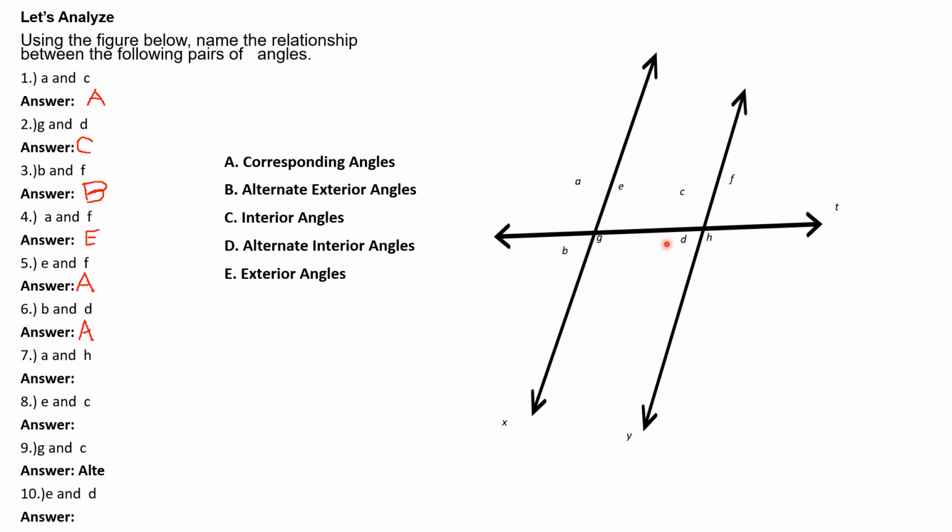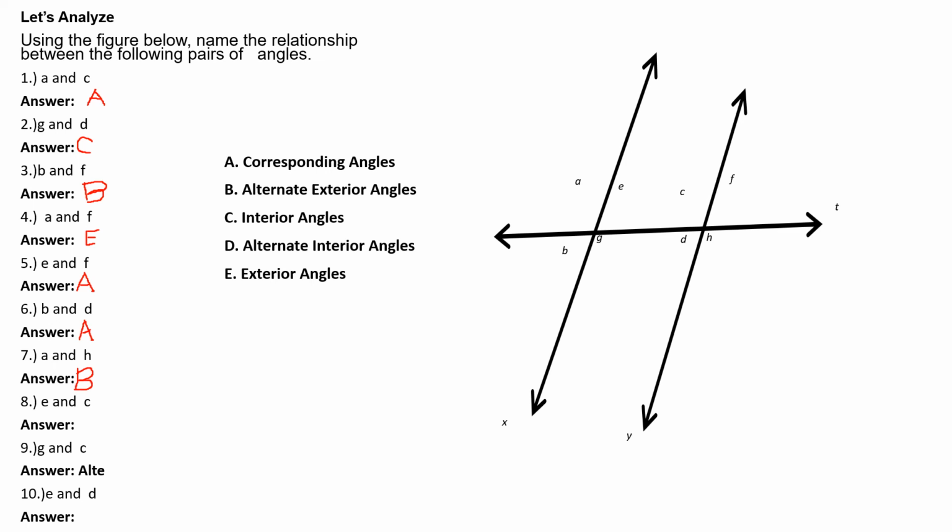But then they are located at the opposite side of our transversal line. That means if they are exterior angles and located at different sides, that means they are our alternate exterior angles. Very good.